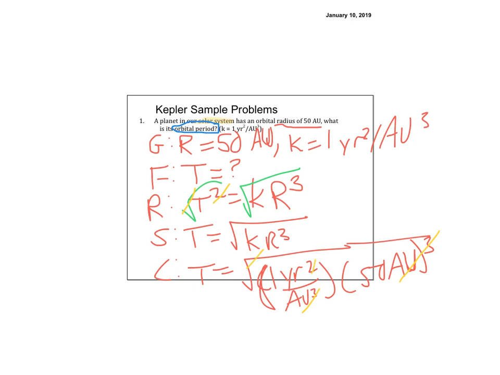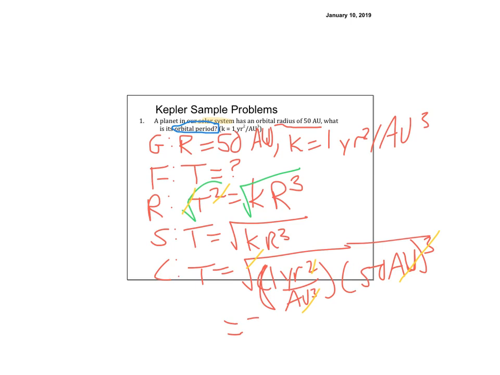So that's good. So we're going to end up with 50 cubed. I go over to my calculator and I do 50 and raise it to the third power. That tells me it's 125,000, but I don't want 125,000. So I'm going to do the square root of my answer, and that gives me 353.